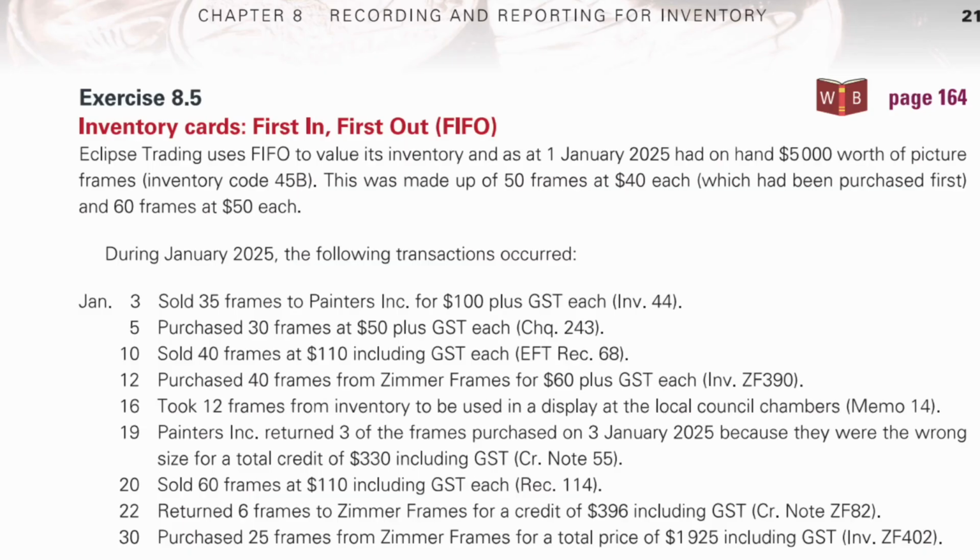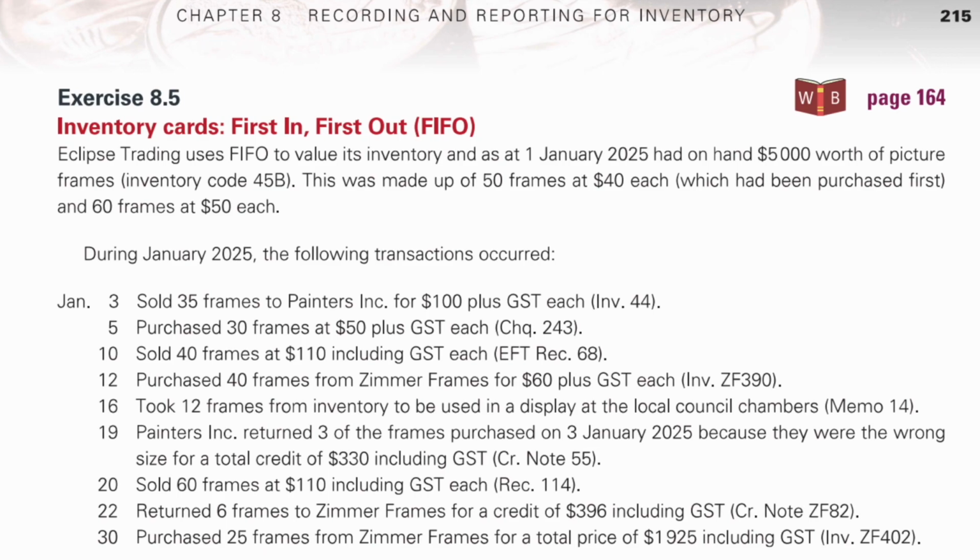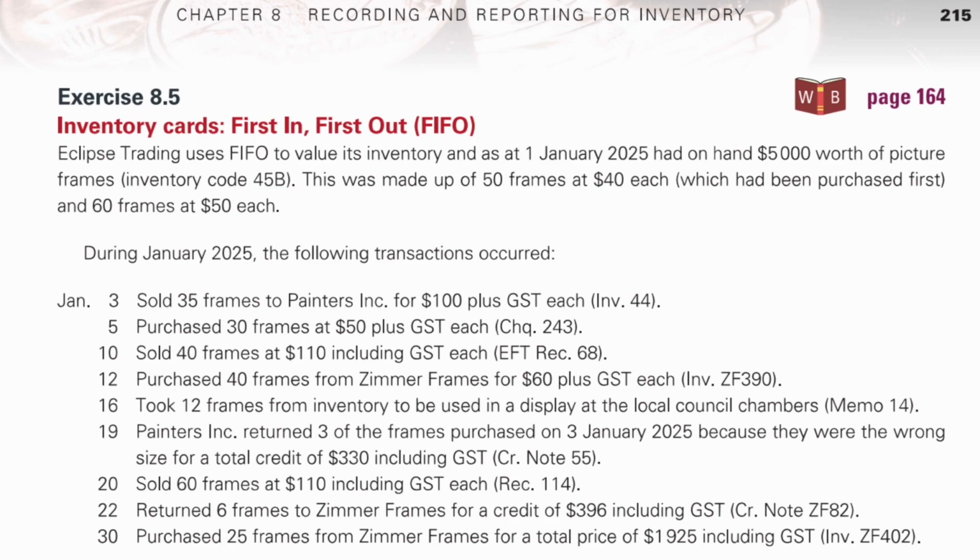Alright, so now we have exercise 8.5, which is inventory cards using the FIFO, first in, first out, assumption. So Eclipse Trading uses FIFO to value its inventory, and as at 1st of Jan 2025 had on hand $5,000 worth of picture frames with the inventory code 45B. This was made up of 50 frames of $40 each, which had been purchased first.